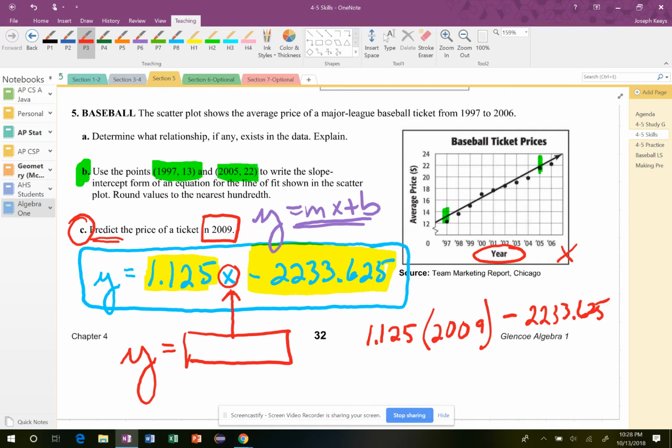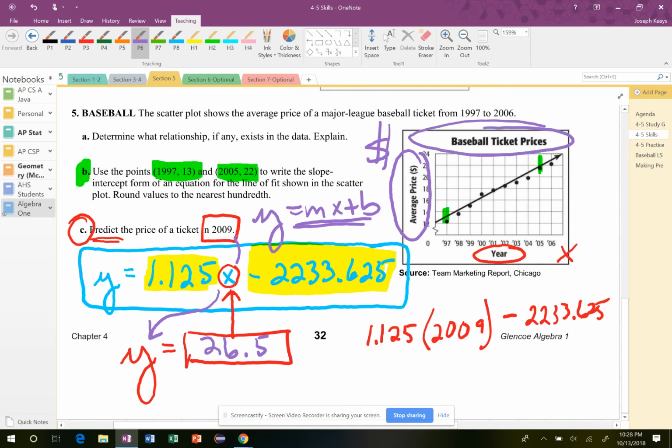And voila, I just found the corresponding y value for this x value right there. That is 26.5. What is 26.5? That's the average price of a baseball ticket in the year 2009.